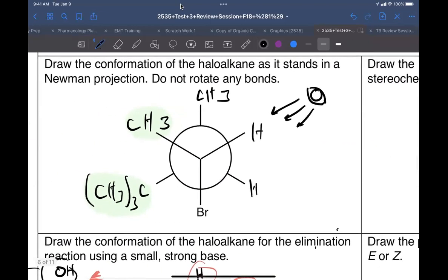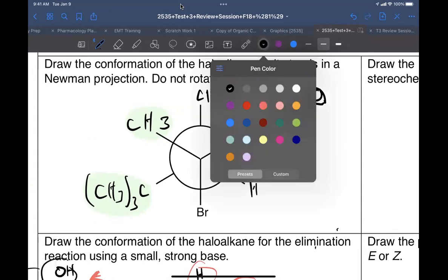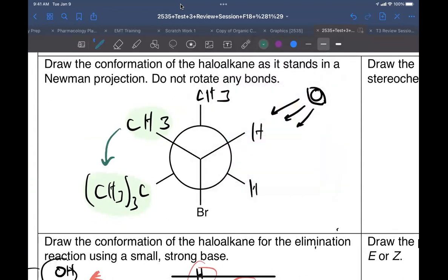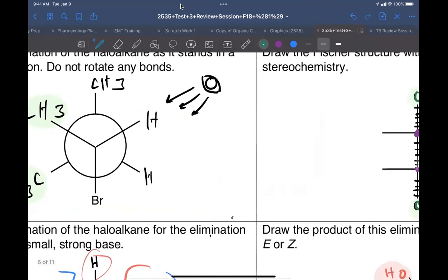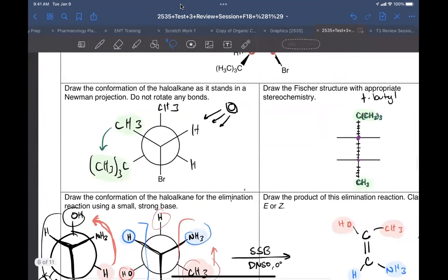Well, let's just rotate this CH3. Let's just rotate this entire front carbon 60 degrees so that they're eclipsed. And if they're eclipsed, I know what I can do. No, never mind. There we go.